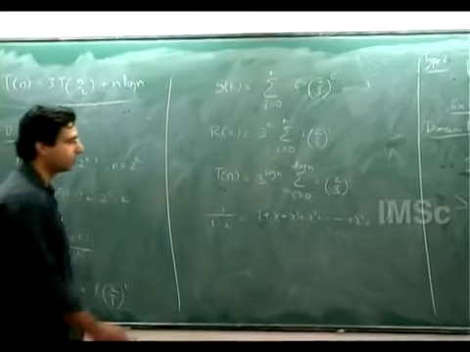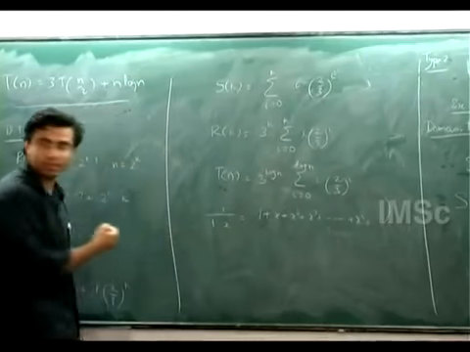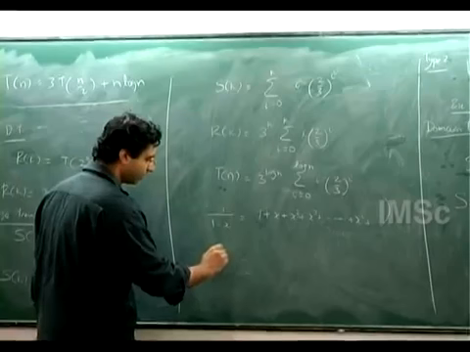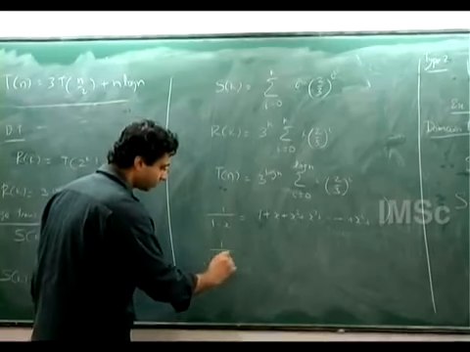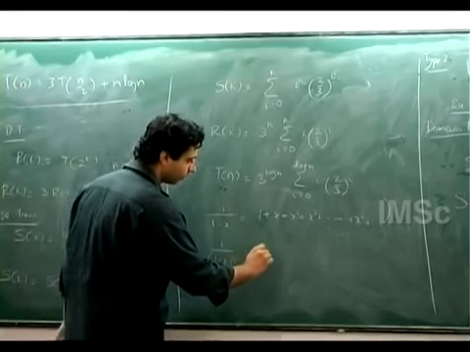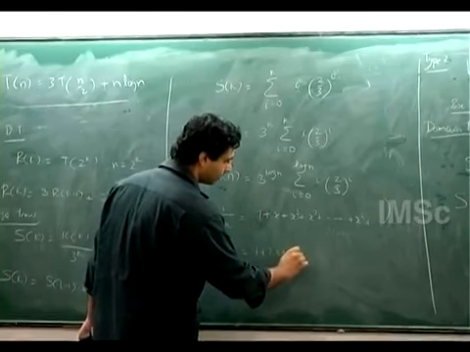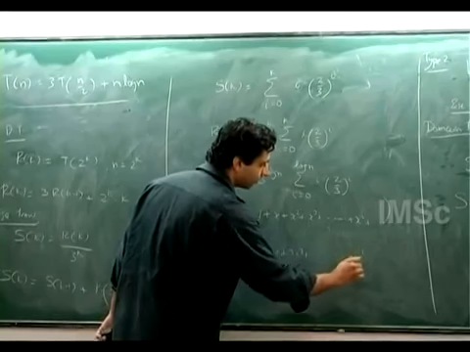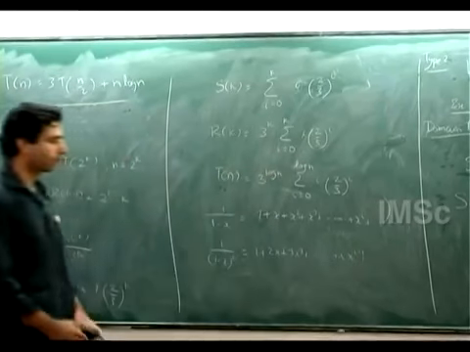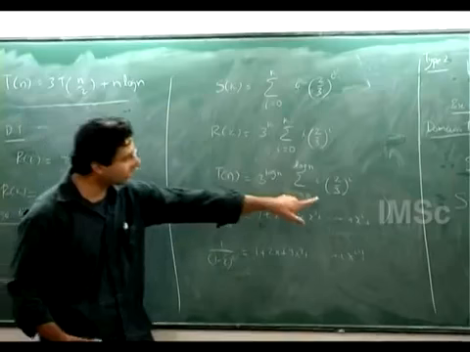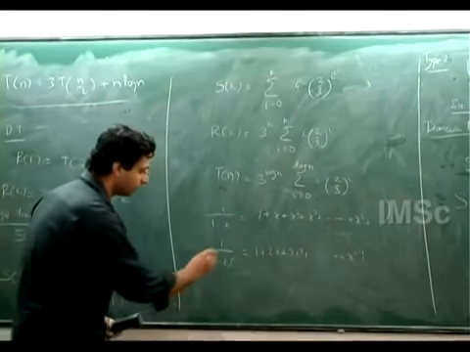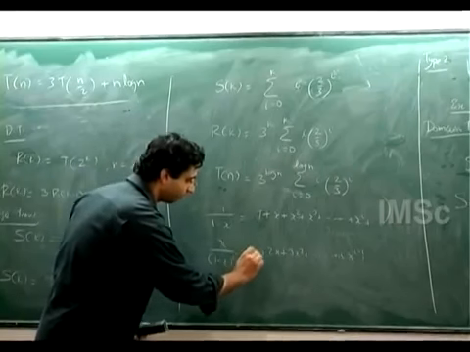To get this i, I should differentiate this equality. So I'll get 1 upon (1 minus x) whole square is 1 plus 2x plus 3x square plus so on, i x raised to i minus 1. And since this is i x raised to i, I have to multiply throughout by x.